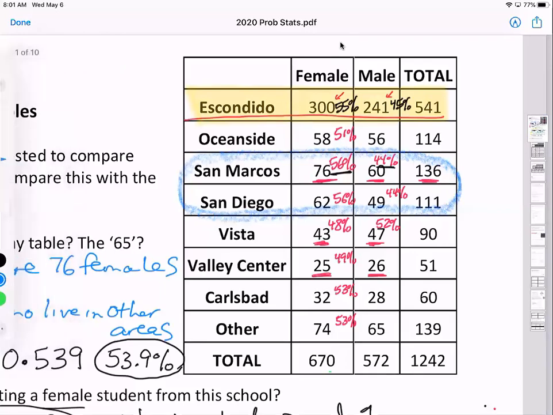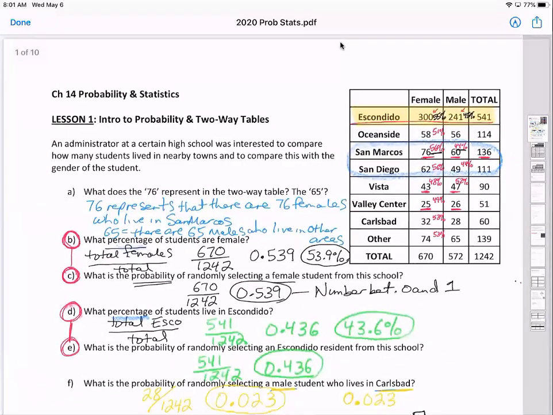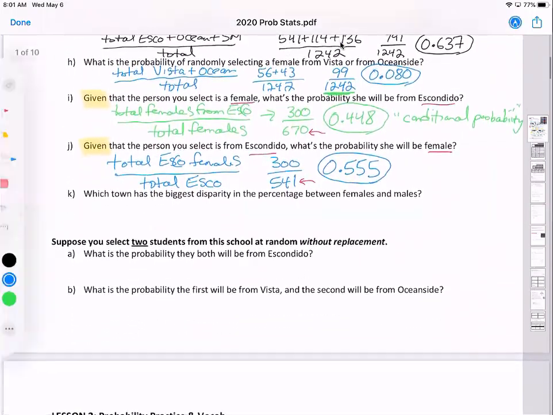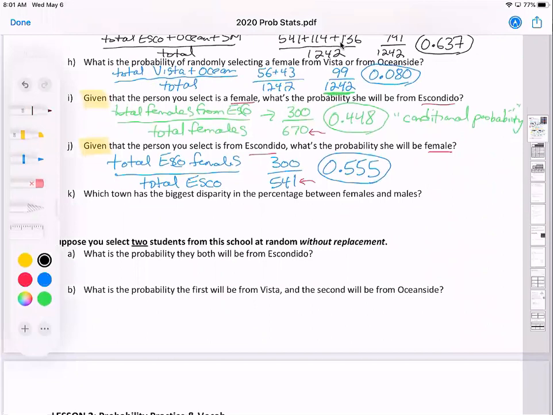So to answer this question below, we would say San Marcos and San Diego. Which town has the largest disparity? It's a tie.